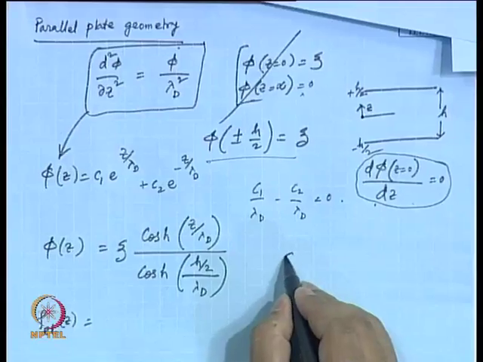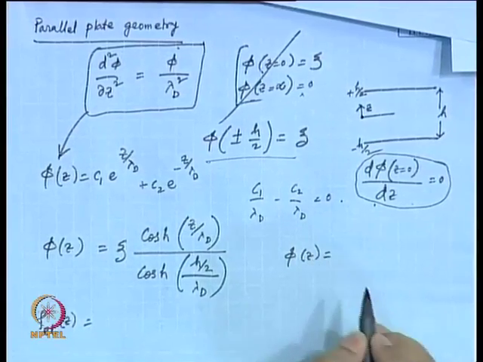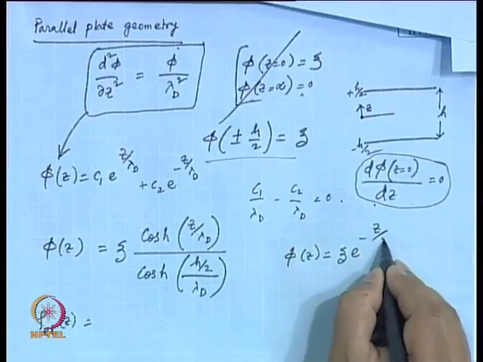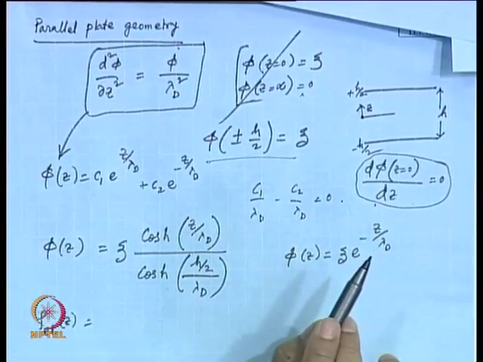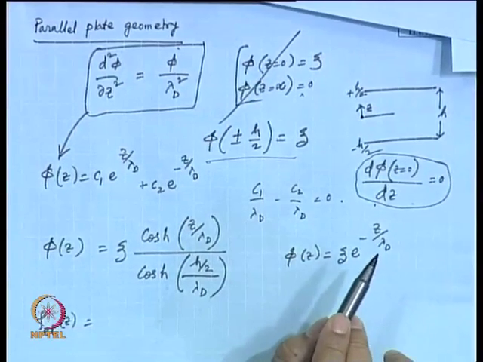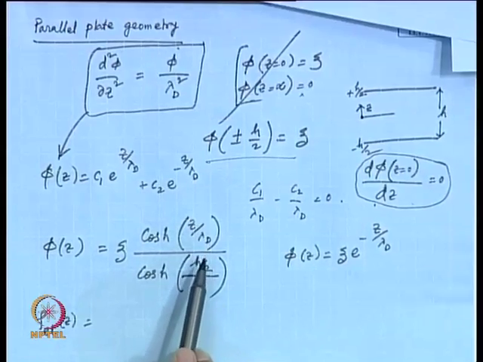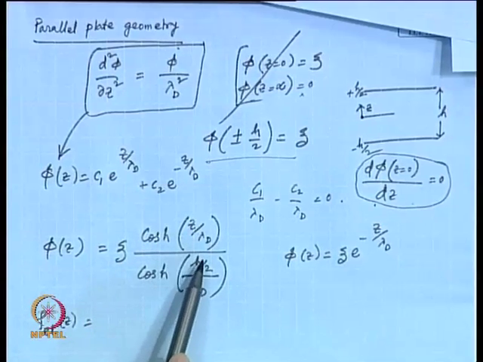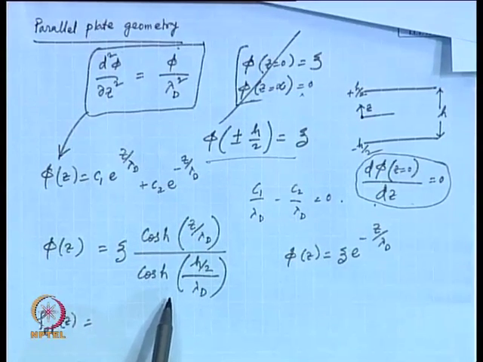Phi z is equal to zeta into e to the power minus z by lambda d. Here z is the distance from the wall. Now the coordinate system changed, z starts from the center, and the expression that we have is phi z equal to zeta cos hyperbolic z by lambda d divided by cos hyperbolic h by 2 divided by lambda d.